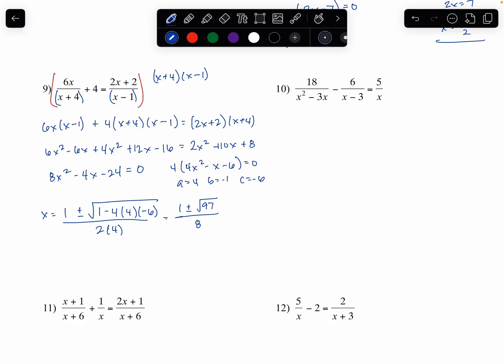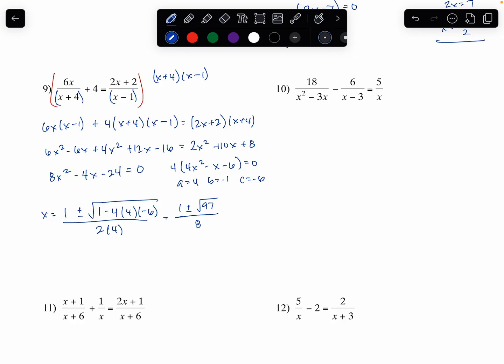And let me go ahead and double check this in my calculator. So 1 minus 4 times 4 times negative 6. So if I do 1 plus the square root of 97, divide that by 8, I'm going to check and see if that answer works.